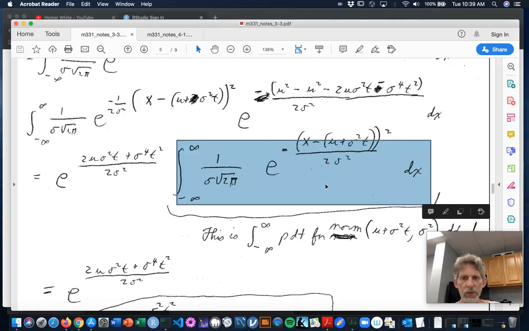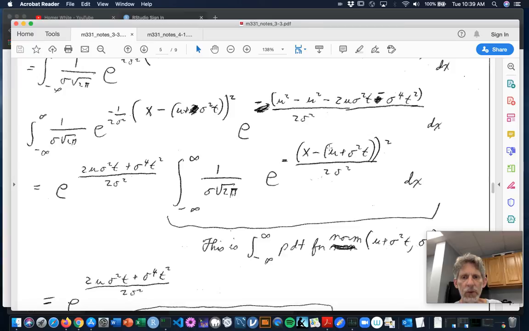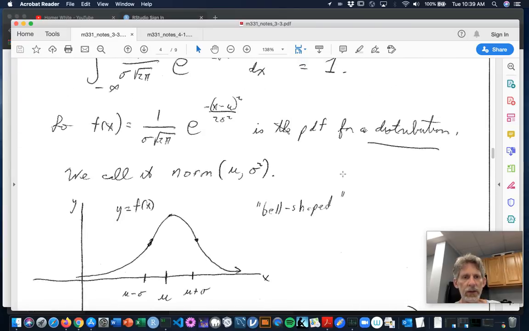And then you just stare at what's left inside the integral. And you realize, wait a minute, that looks like the formula for the PDF of a normal(mu, sigma squared), except it's not. It's a normal where instead of a mu, there's a mu plus sigma squared t. But everywhere else, the sigma shows up where it was supposed to in the PDF.